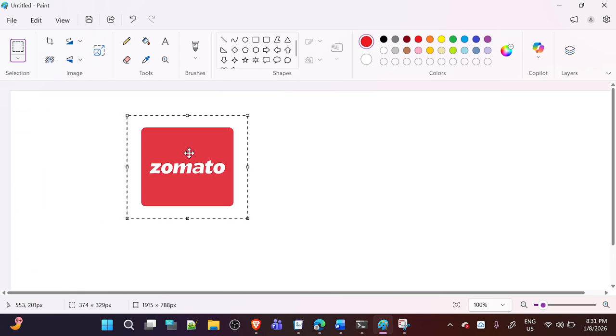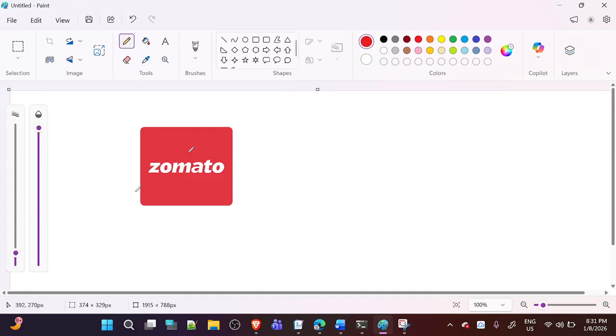And the code you are writing in order to create this Zomato application, let's suppose you are writing it in machine language. I'm just giving you an example to show why we can't perform machine language coding.